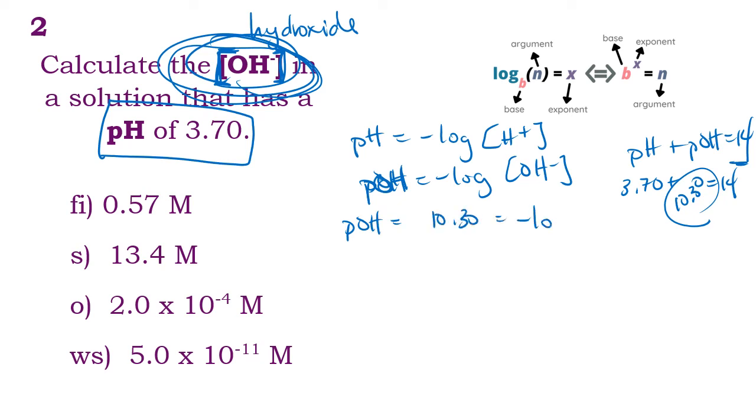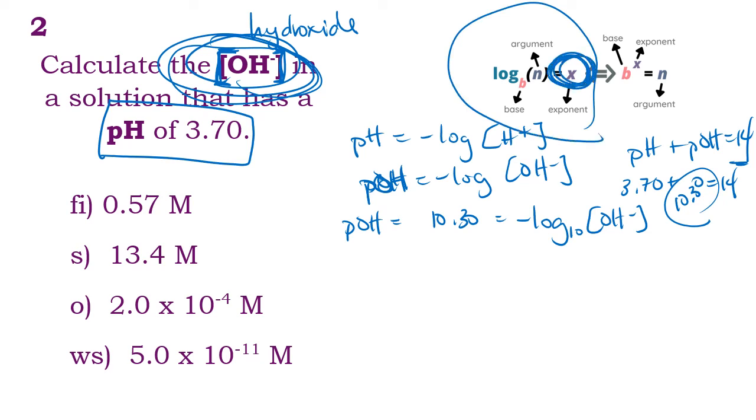This is the negative log, common log, base 10, of the hydroxide ion concentration. Remember that when we do logarithms, we're figuring out the exponent, in our case, the exponent on a 10. This is the answer to the logarithm problem. The pH and the pOH are exponents.